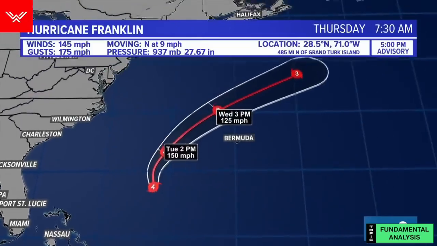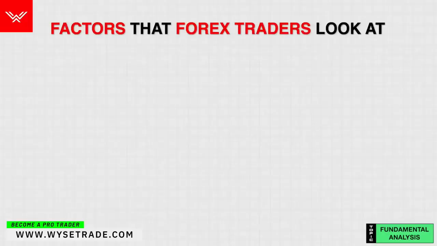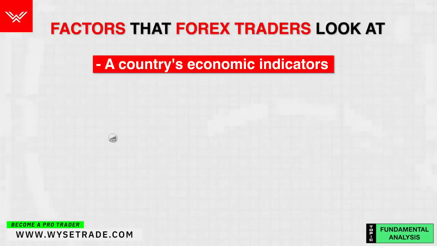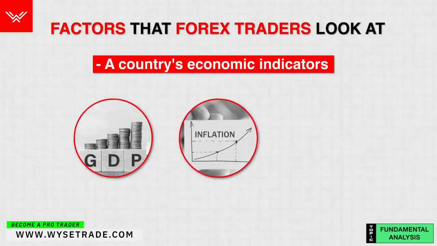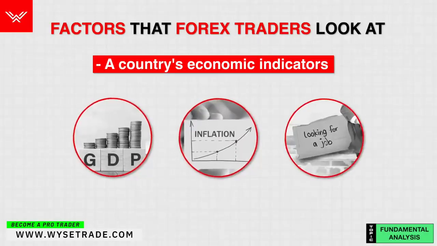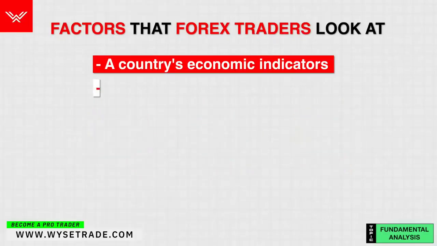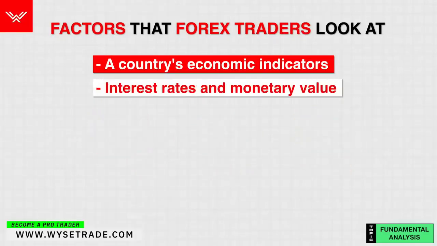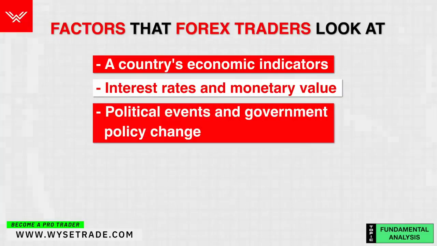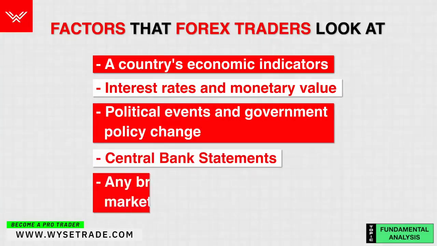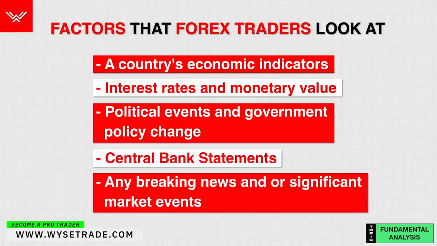Rather than atmospheric conditions, forex traders are looking at factors like a country's economic indicators, such as GDP growth, inflation, and unemployment, to gauge the health of the country's economy, interest rates and monetary value, political events and government policy change, central bank statements, any breaking news and/or significant market events.